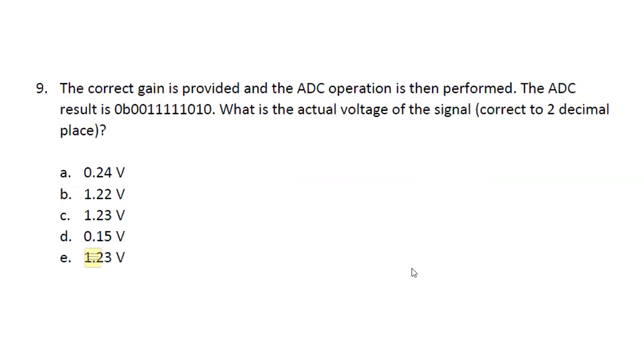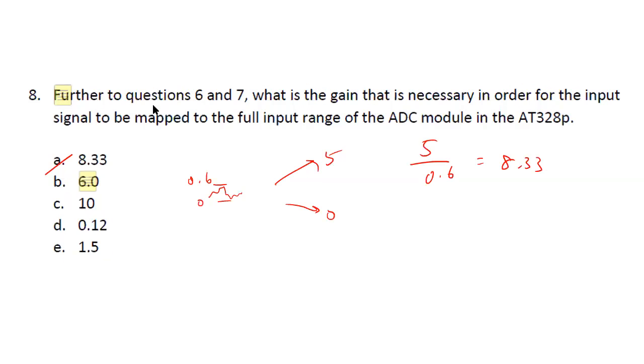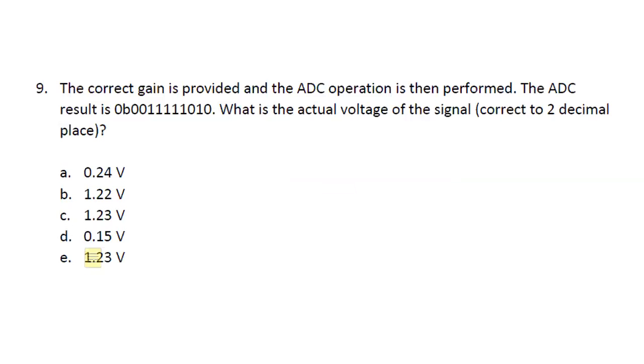The next question: the correct gain is provided, so of course you need to make sure that this answer is also correct in this case. The correct gain is provided and the ADC operation is performed. The ADC result is this 10-bit binary value. What is the actual voltage of the signal, corrected to decimal places? This is what you get at the ADC module, and this binary value is equivalent to 250.